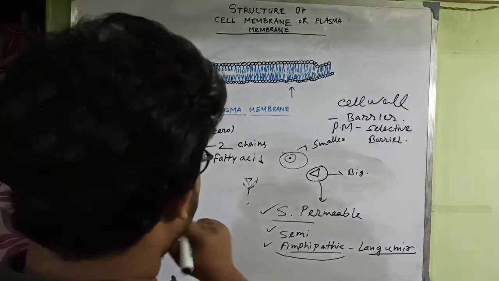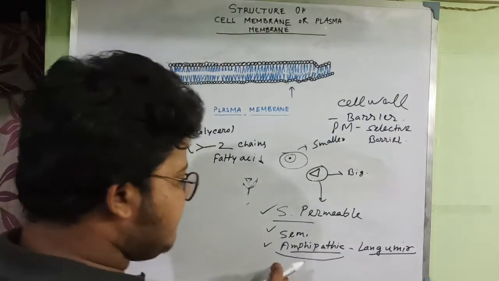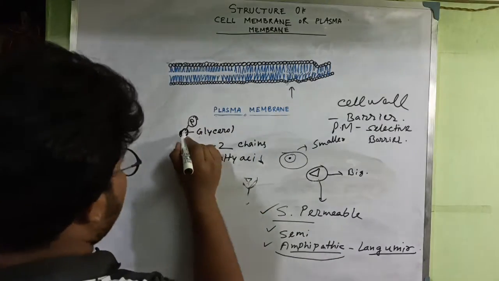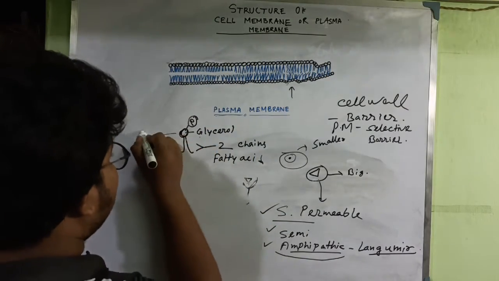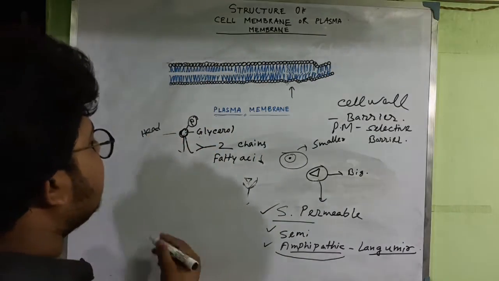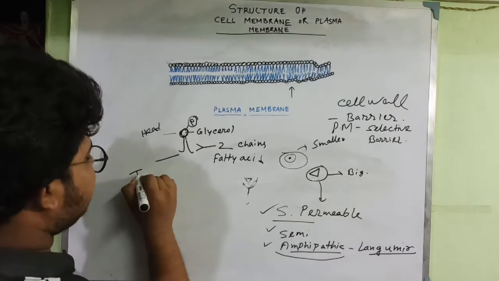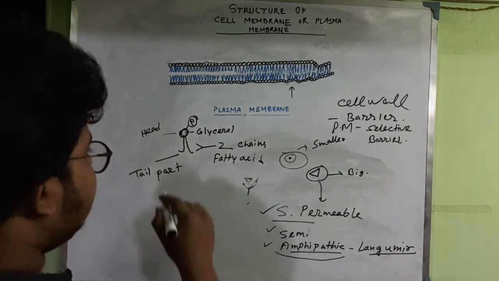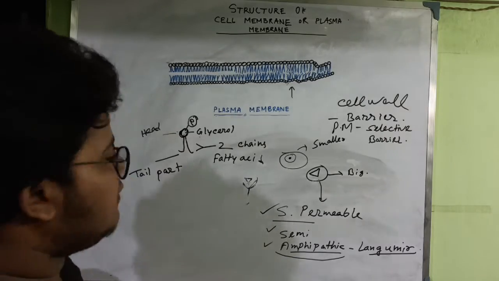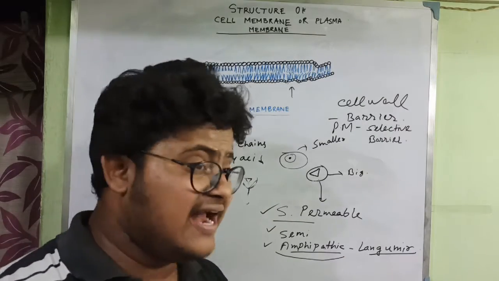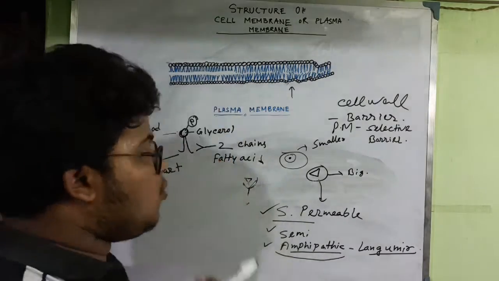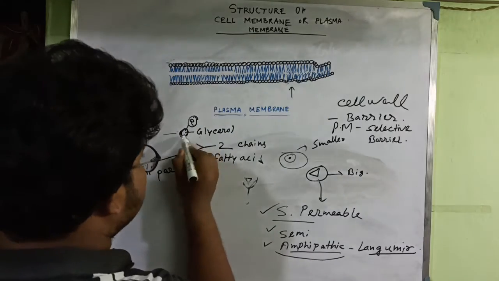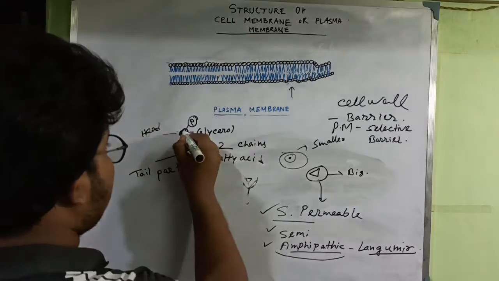Amphipathic means having a head, this is the head part, and let's assume this is the tail part. The head part is hydrophilic, that is, it can facilitate water in this region.